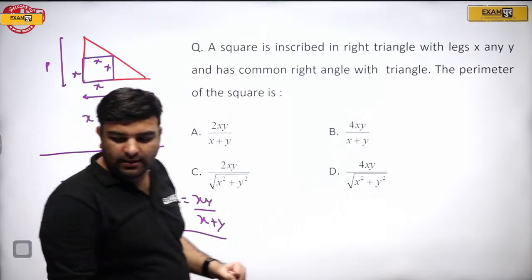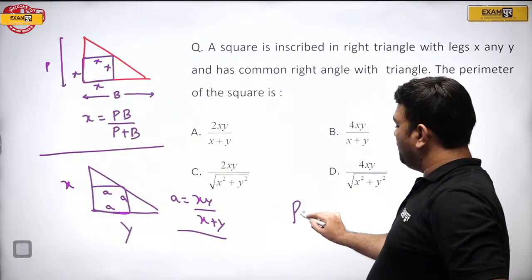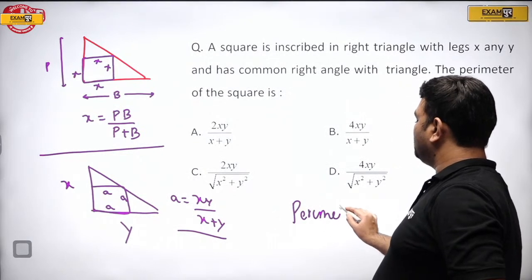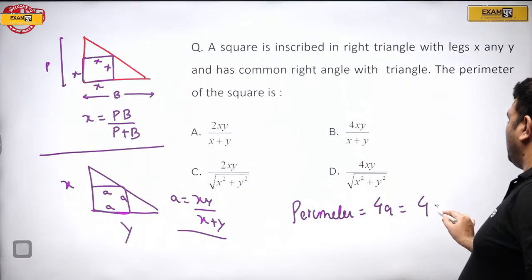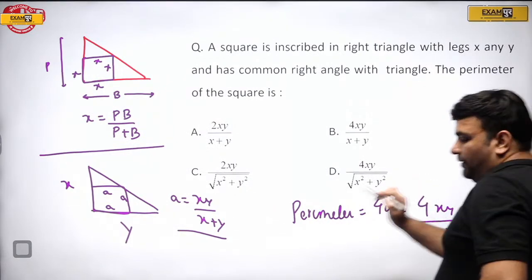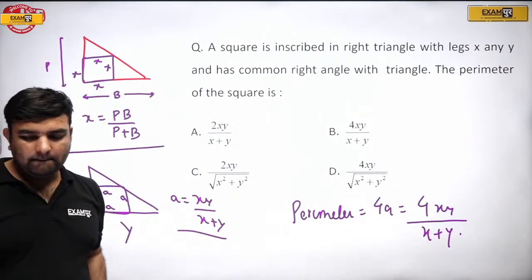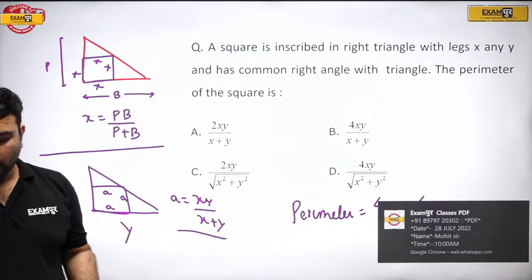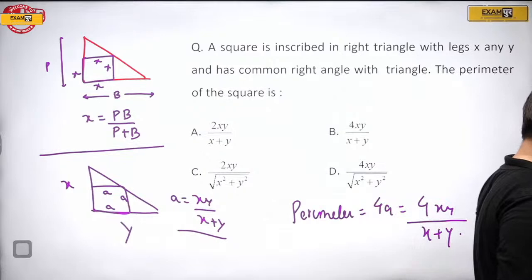Side of the square is x into y upon x plus y. So perimeter is going to be 4a, that is 4xy upon x plus y. Derivation required or not?